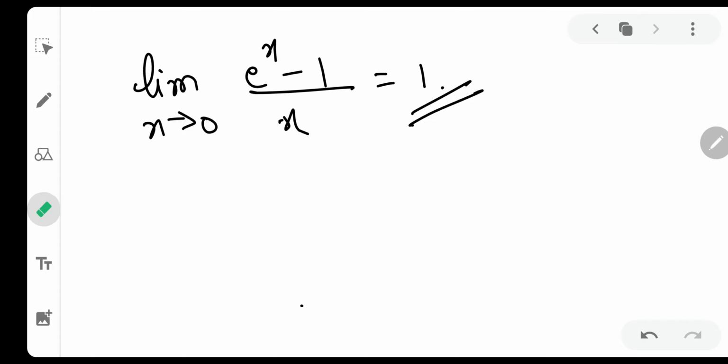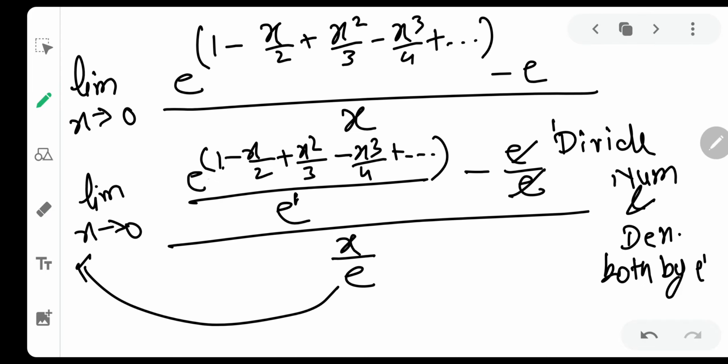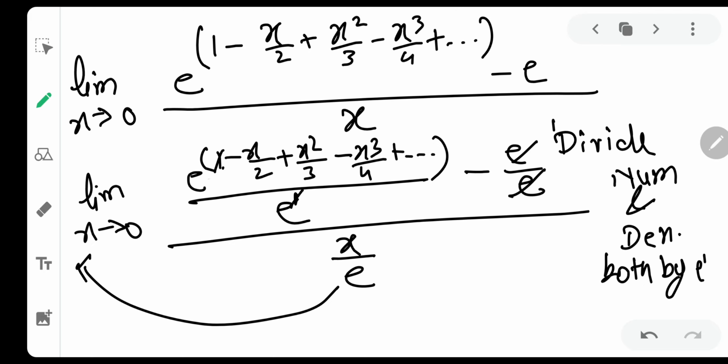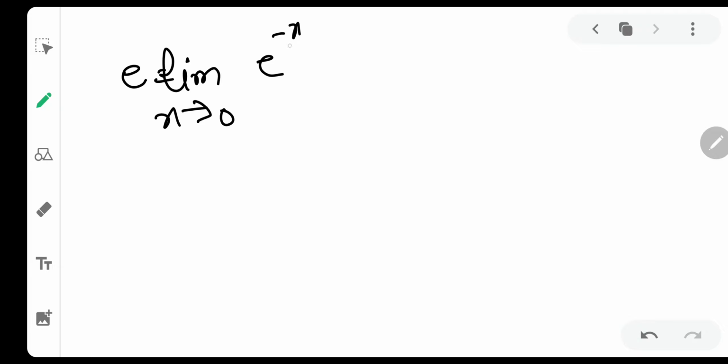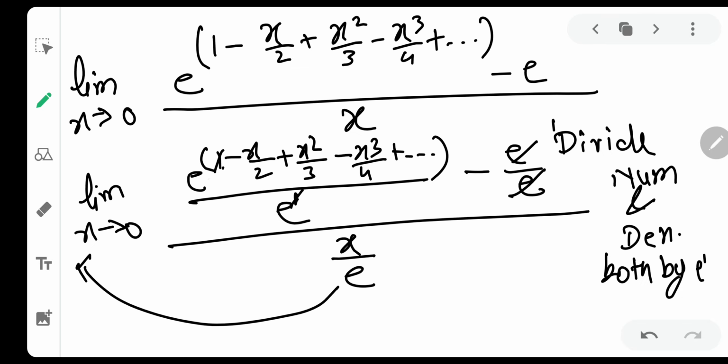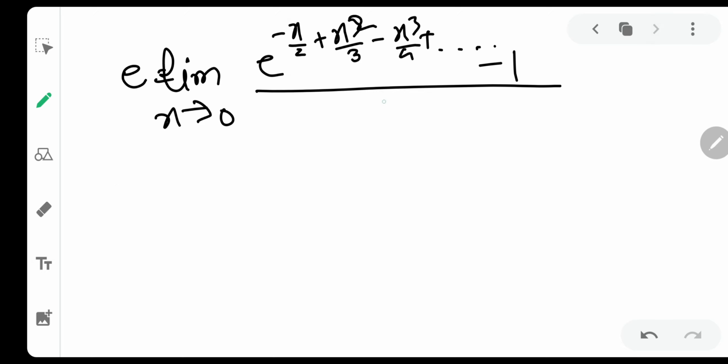So what will happen over here is we have divided the numerator and denominator by e, because of which e is now shifted up, and this is e into limit of x tends to 0, e raised to minus x by 2 plus x square by 3 minus x cube by 4 plus and so on, and then there was a minus 1, and there was the upon also, x upon e got shifted.